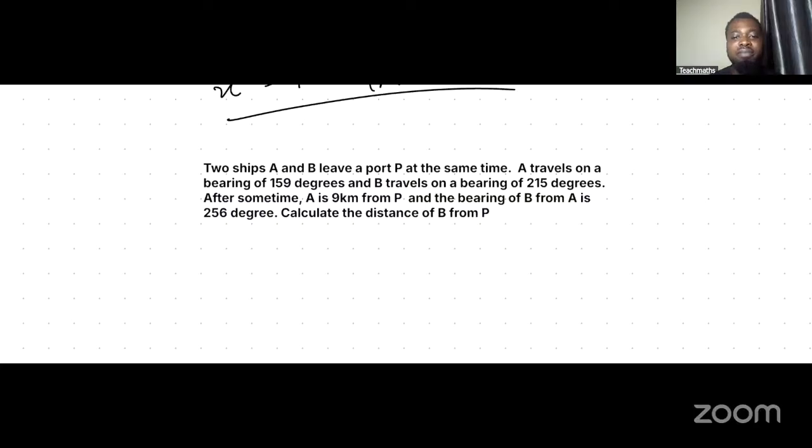Calculate the distance of B from P. Okay, the question is loaded. We just have to take it one after the other. We are most likely going to start from point P because the two ships leave the same port at the same time. So that will be the starting point in order to describe this problem.